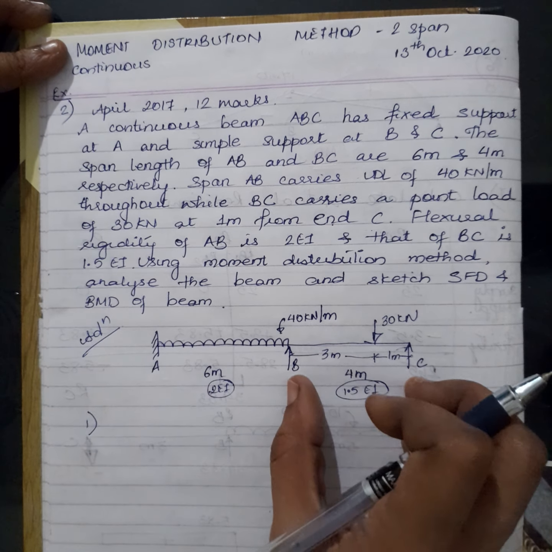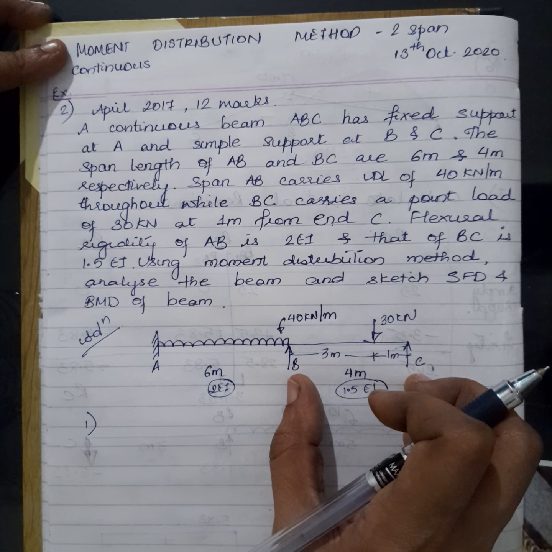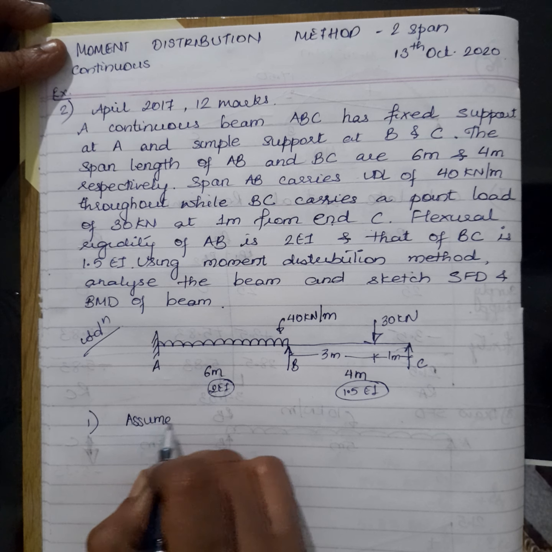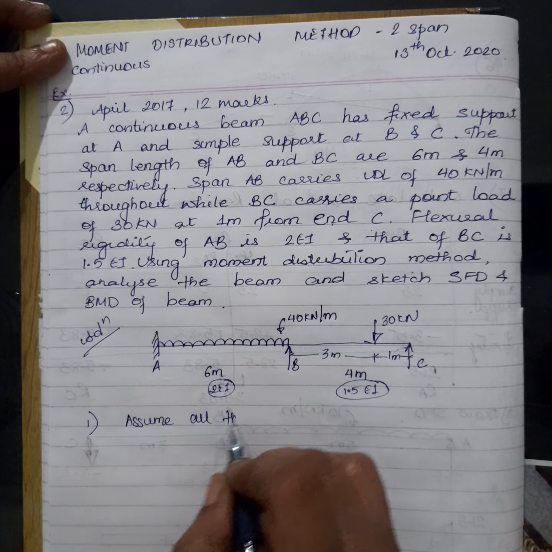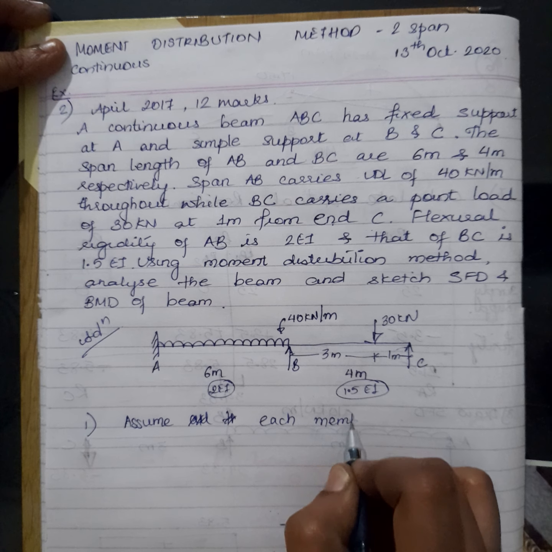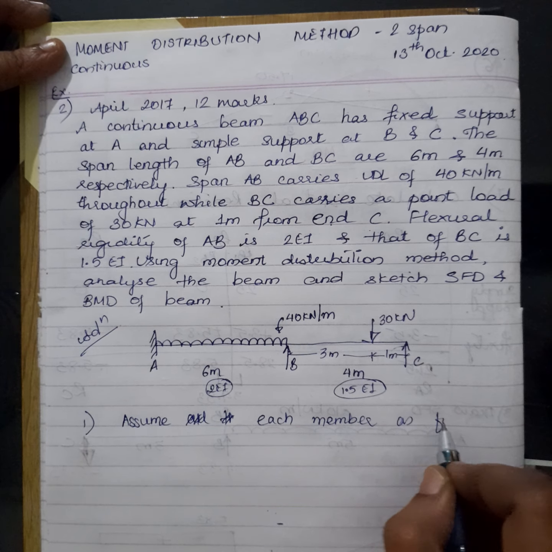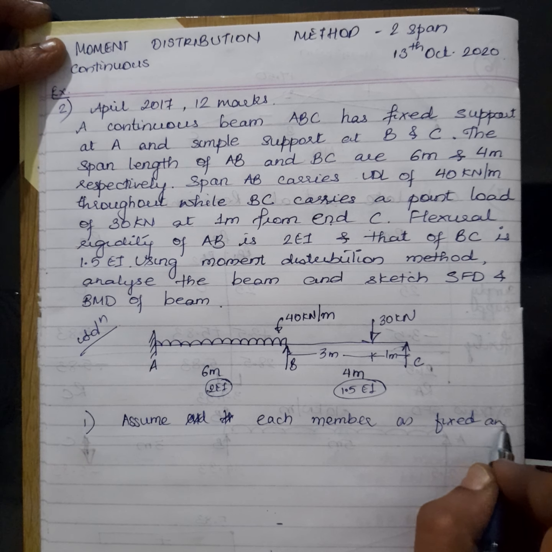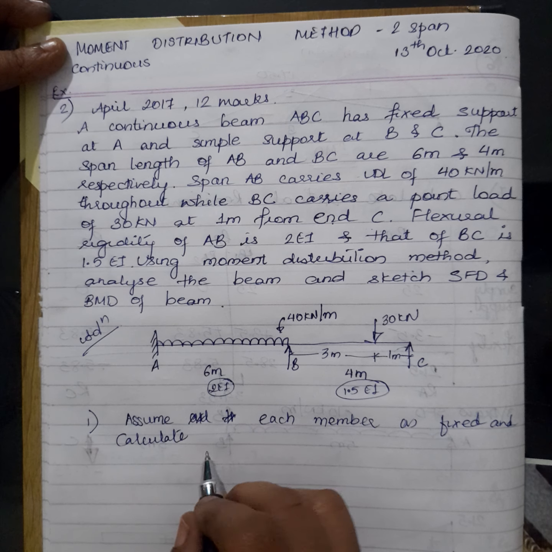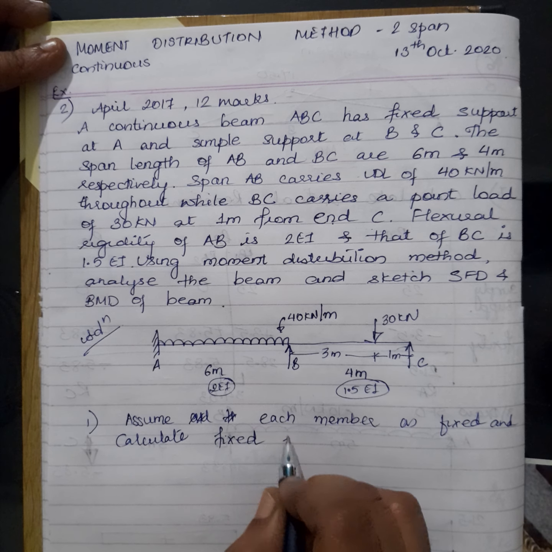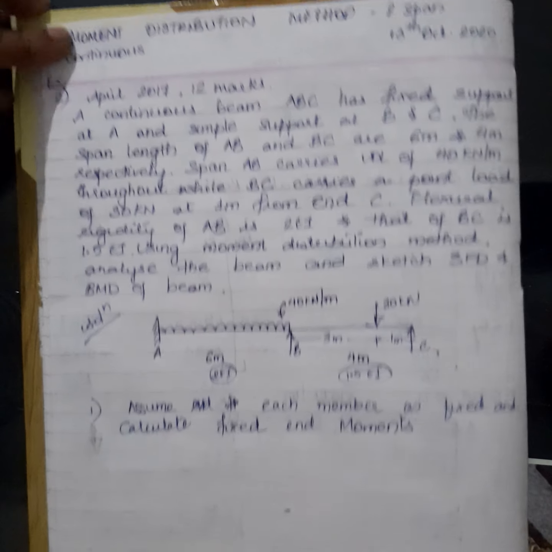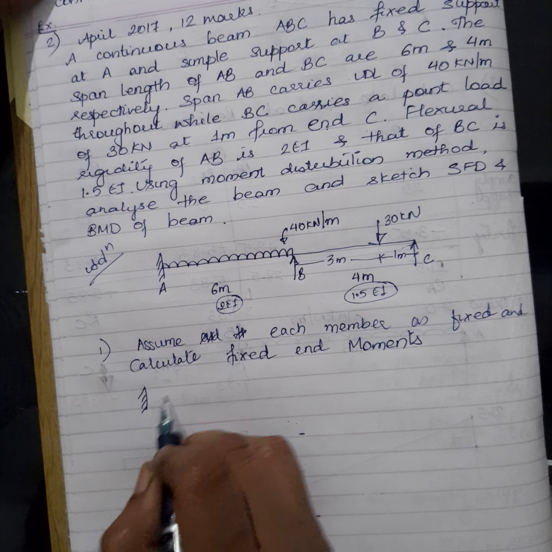So AB is fixed and BC is fixed, and calculate the fixed end moments. So let us do that, step by step.